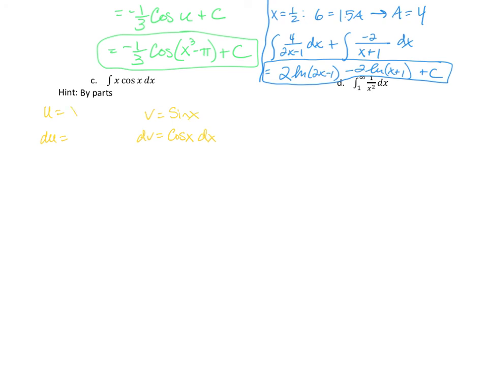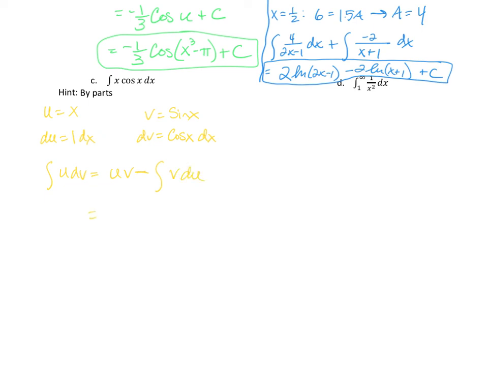And that leaves x to be my u, which means du is 1 dx. And then my formula is the integral of u dv is u times v minus the integral of v du.